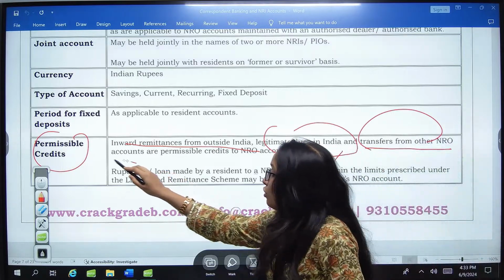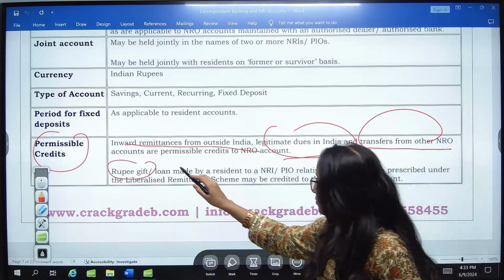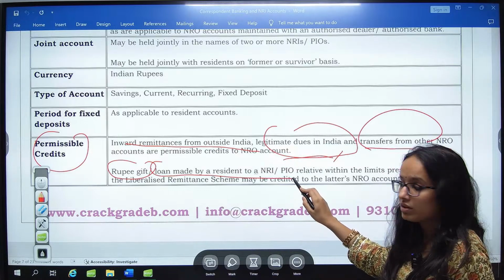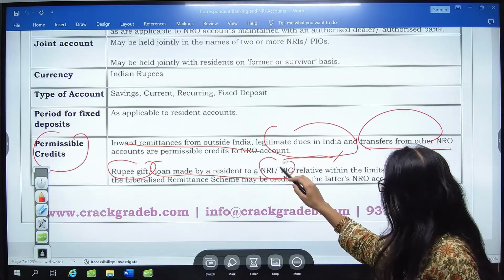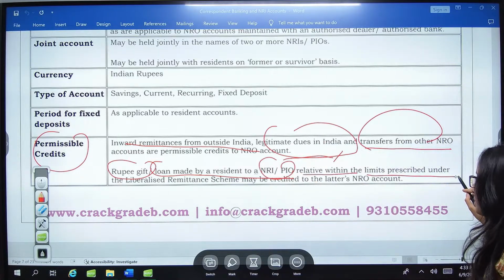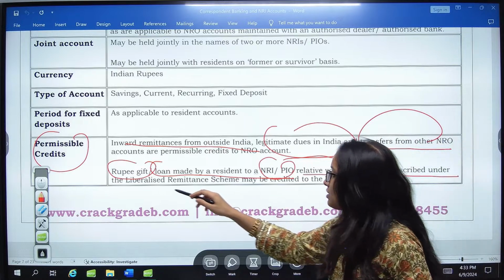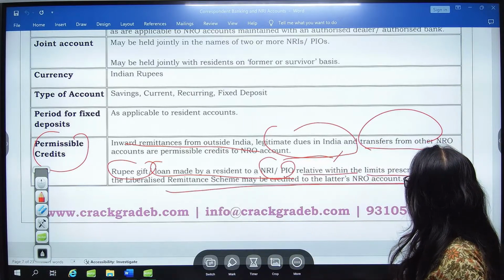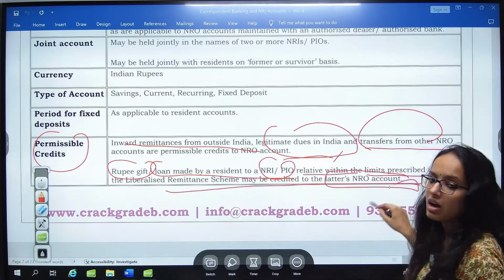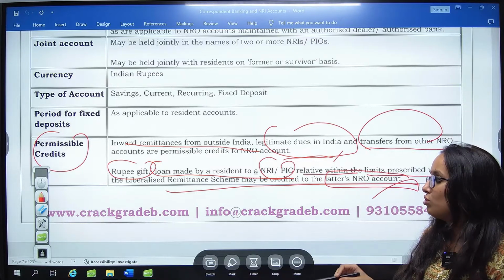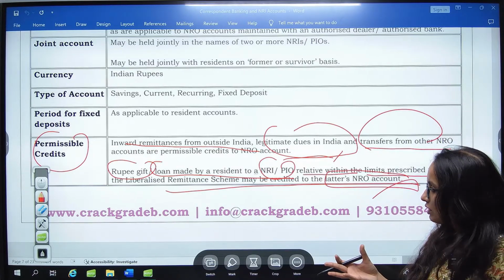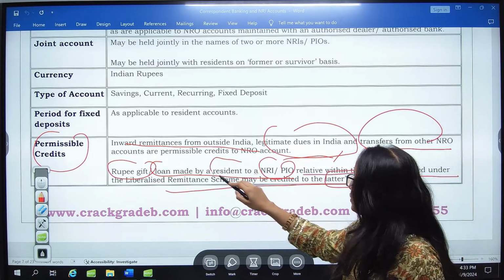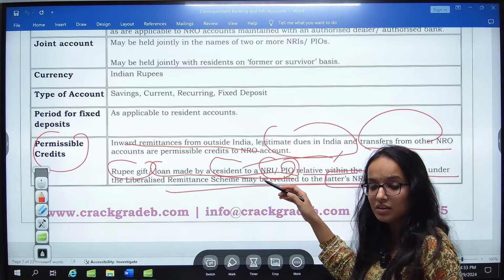Also, rupee gift and loan made by a resident to an NRI or PIO relative within the limits prescribed under the liberalized remittance scheme may also be credited to the latter's NRO account. So, gifts received in rupees, and loans made by a resident to the NRI or PIO relative.